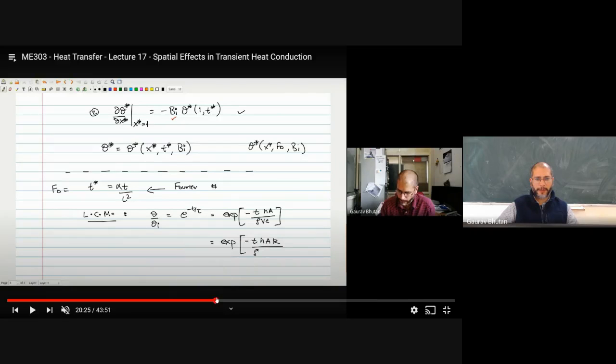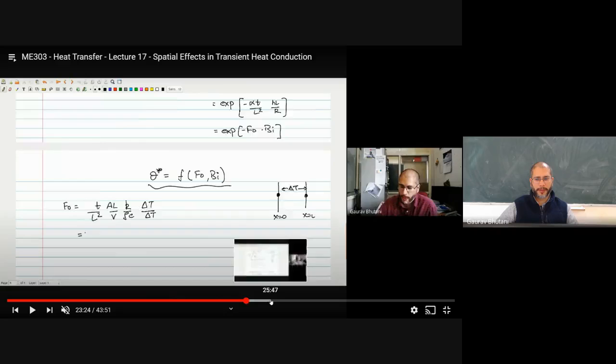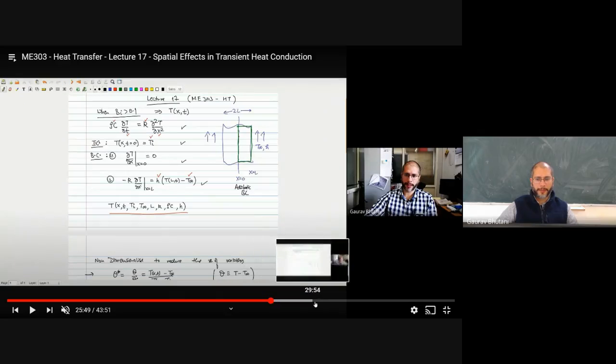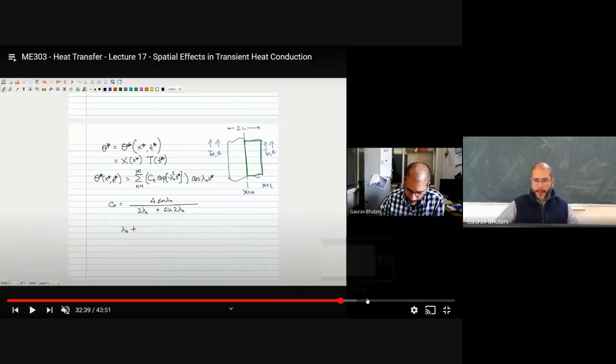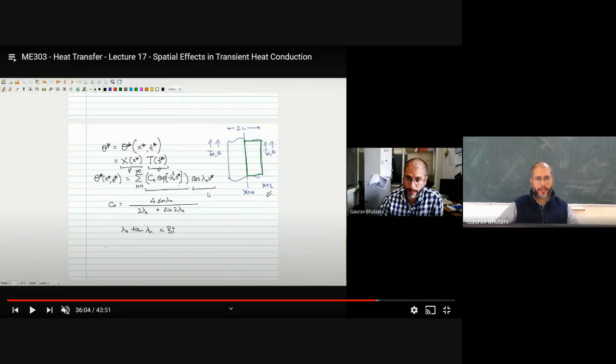Okay, we had a brief discussion about the importance of the Fourier number and its meaning, and then I gave you the solution, which was written again, as you can see, in terms of this infinite series.